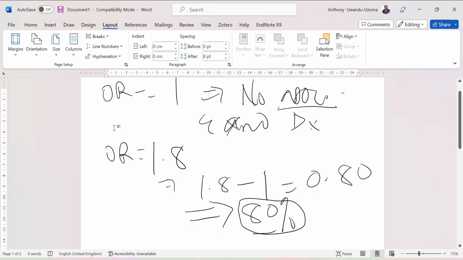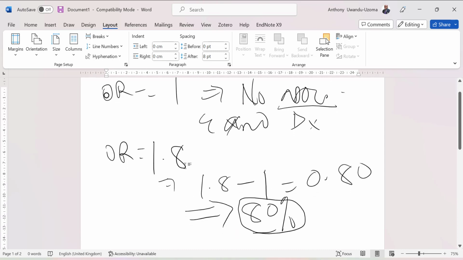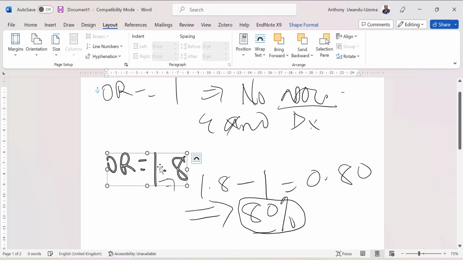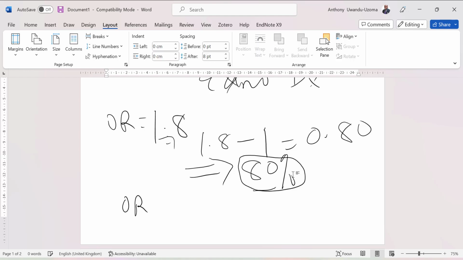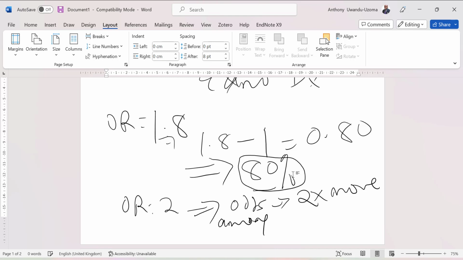All right. So that is how to interpret the odds ratio when it's above one but less than two. Now, when the odds ratio gets to two, anything from two upwards, you can say that the odds of having the disease is two times more among the exposed group compared to the non-exposed group.